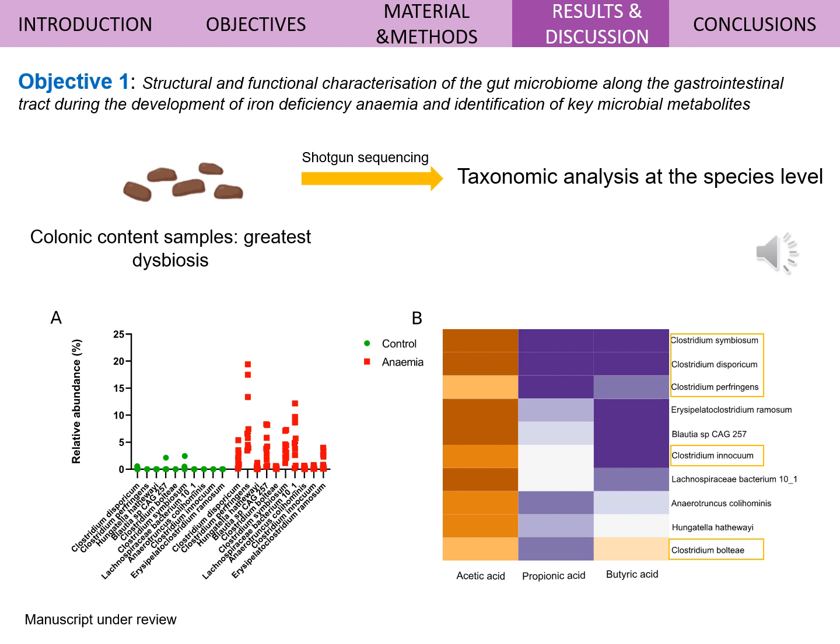Taxonomic analysis at the species level revealed that Clostridium species were enriched in the colon of anemic animals. Pearson correlations were calculated between these statistically significant species and short chain fatty acid levels, and they were plotted in a heat map.